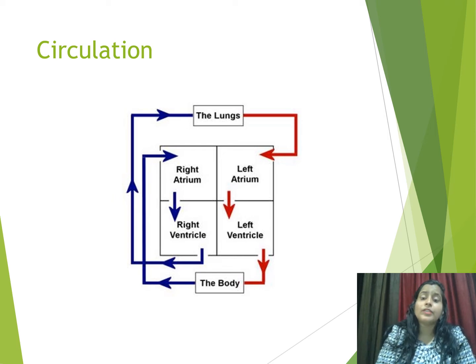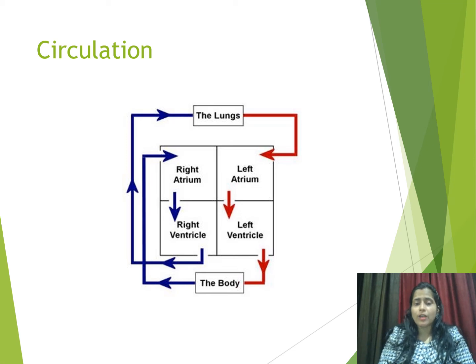Then lung is the place where the purification takes place. That is, deoxygenated blood is converted into oxygenated blood. And now the color of blood is changed from blue to red. And the oxygenated blood moves towards the left atrium and then the left ventricle, and finally from the left ventricle to the different parts of our body.